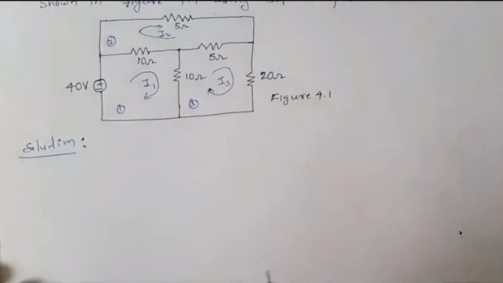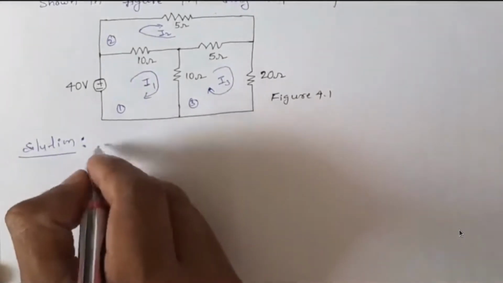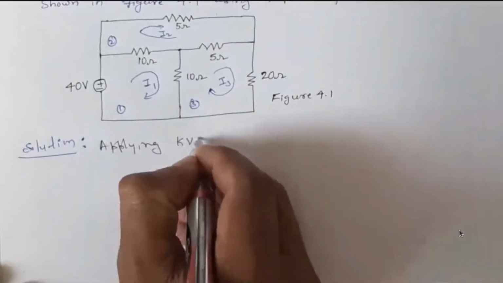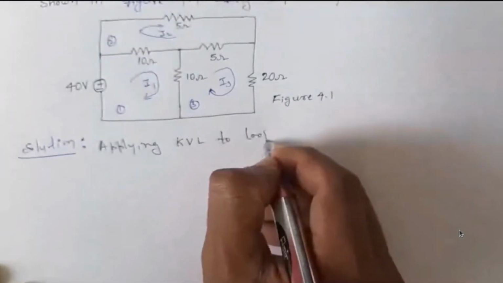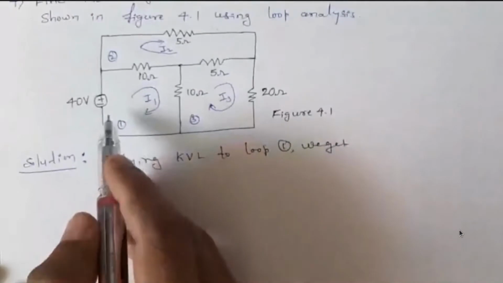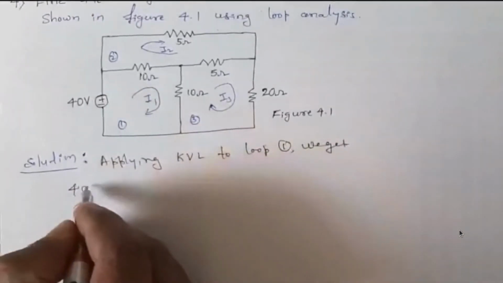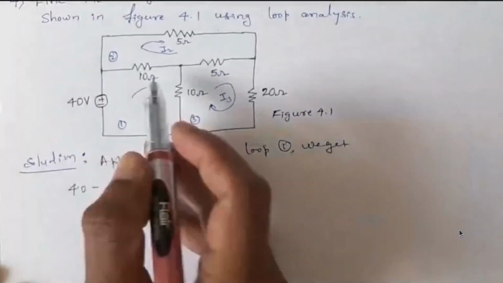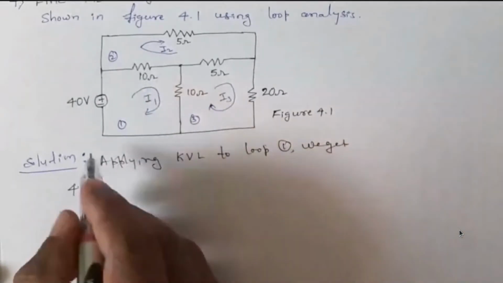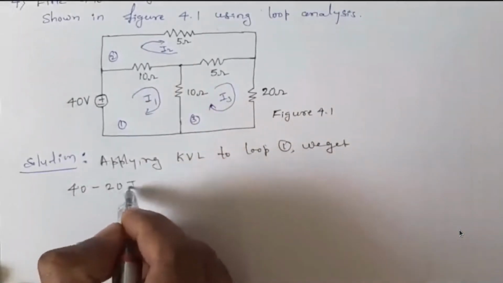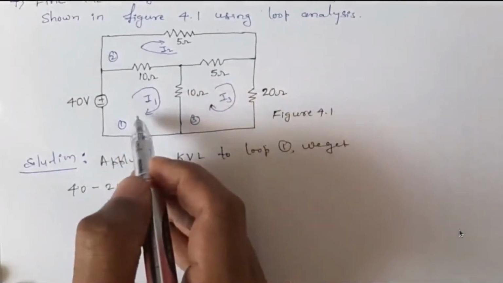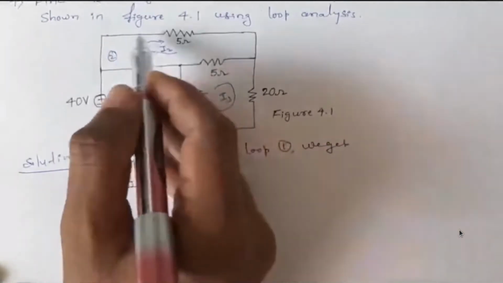Okay, so very simple. Let us start by applying KVL to loop 1. Look at this, minus to plus, it is 40 volts. So directly I'll write, 20 plus 10 plus 10 is 20. This is 20 I1, and I1 is flowing in this direction, whereas I2 is flowing opposite of that I1.